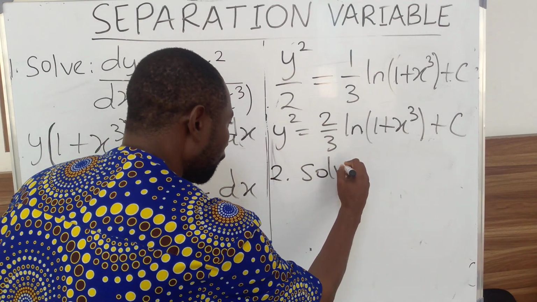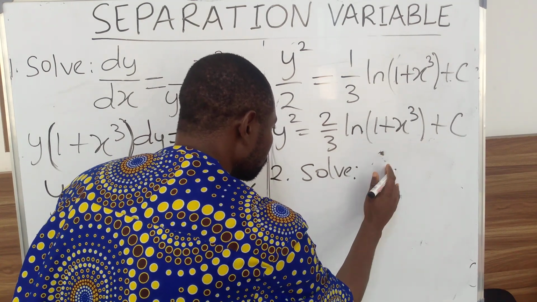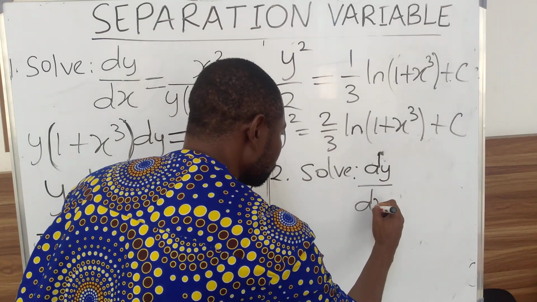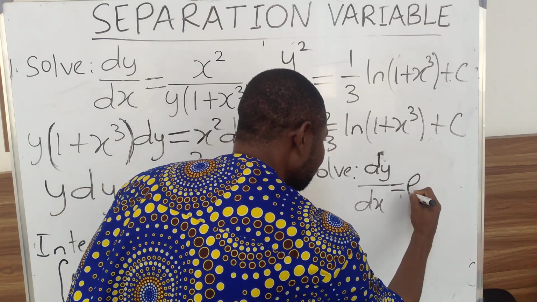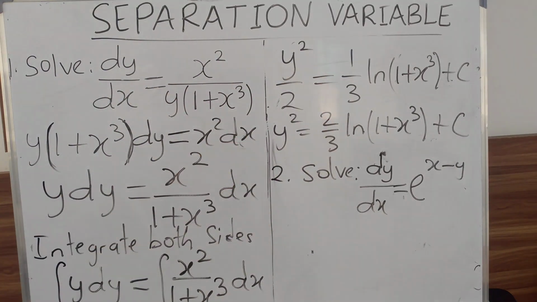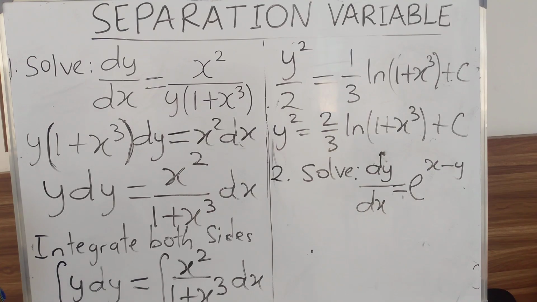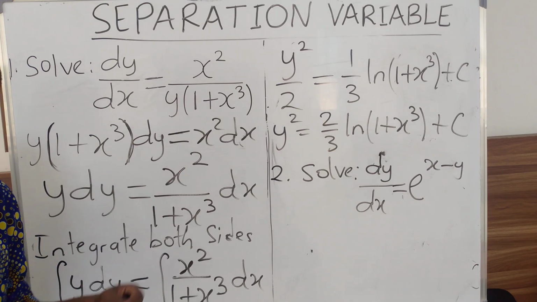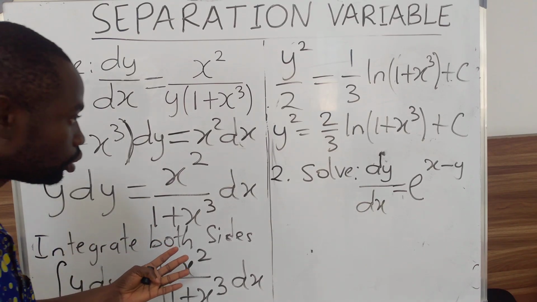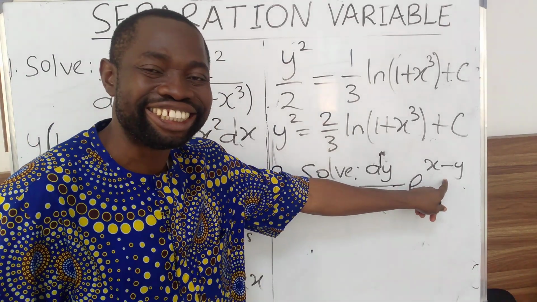Solve dy dx is equal to e raised to the power x minus y. It's another question we want to solve. Since I want to separate the variables, I will apply the laws of indices here.